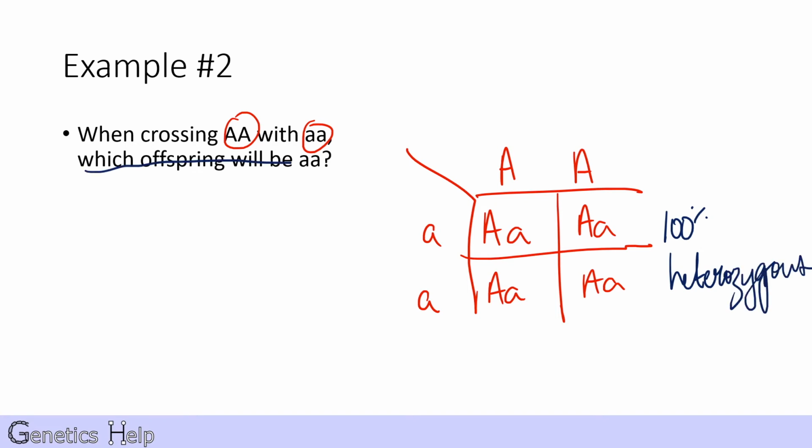So which offspring will be little a, little a? The answer is none. We would only be able to get little a, little a if we took the children of these two individuals and mated them, and 1/4 of those would be little a, little a. So in this generation, not possible.